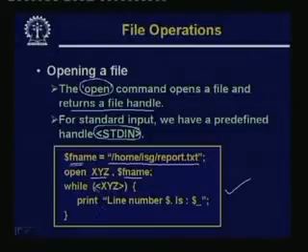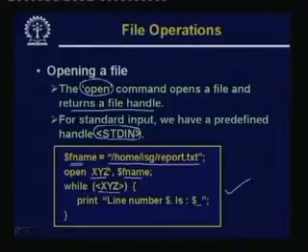While within angular bracket XYZ. See, there is a difference between XYZ and angular bracket XYZ, or between STDIN and within angular bracket STDIN. STDIN represents a file handle, that means it is the standard input. Within angular bracket STDIN means the contents of that file, whatever is there.